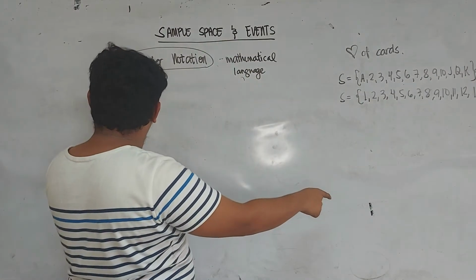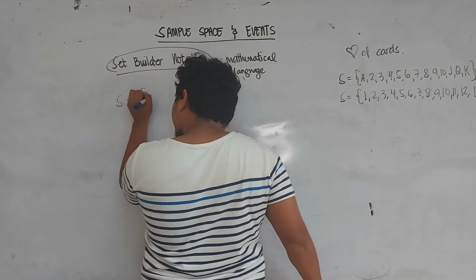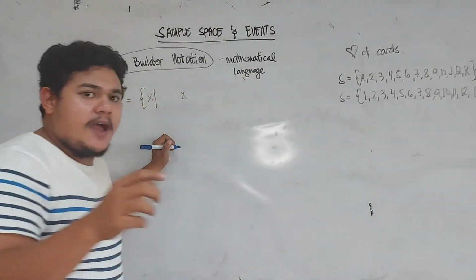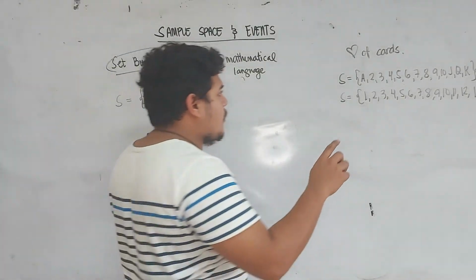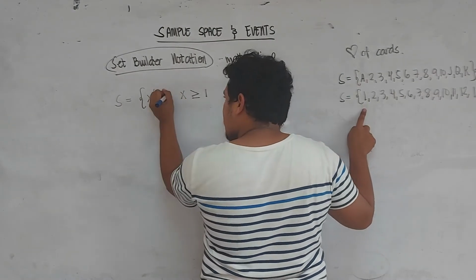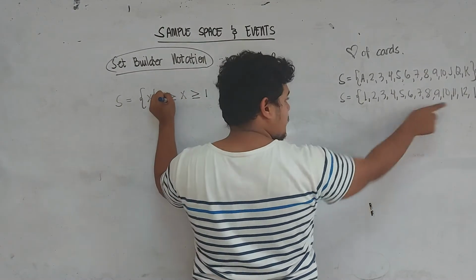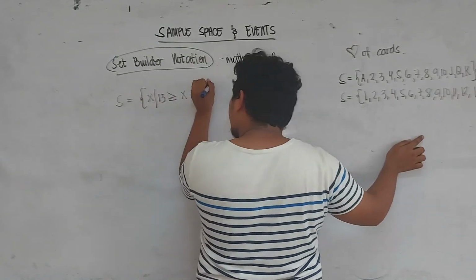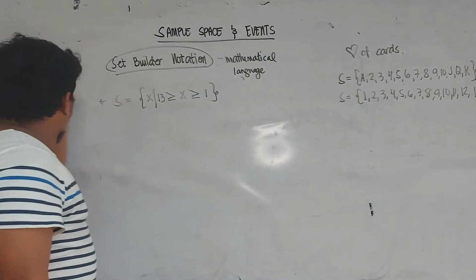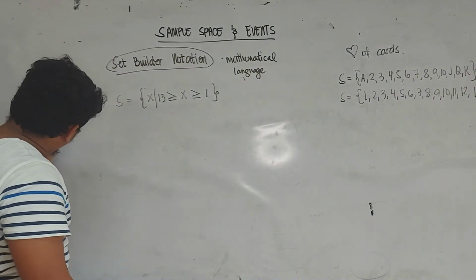So we could say S is equal to X such that X is, kung inclusive, apil tanan, greater than or equal to 1 but less than or equal to 13. Apil ang 1, apil ang 13. This is what we call inclusive.